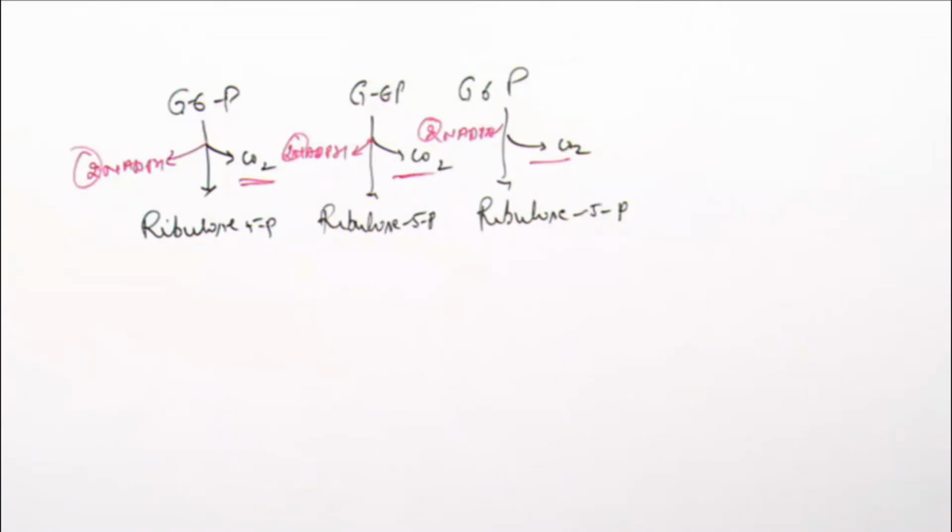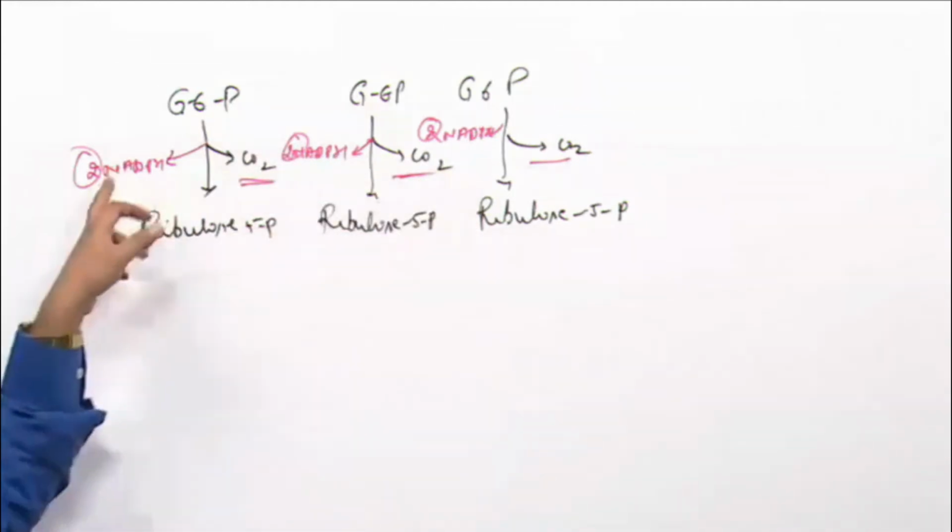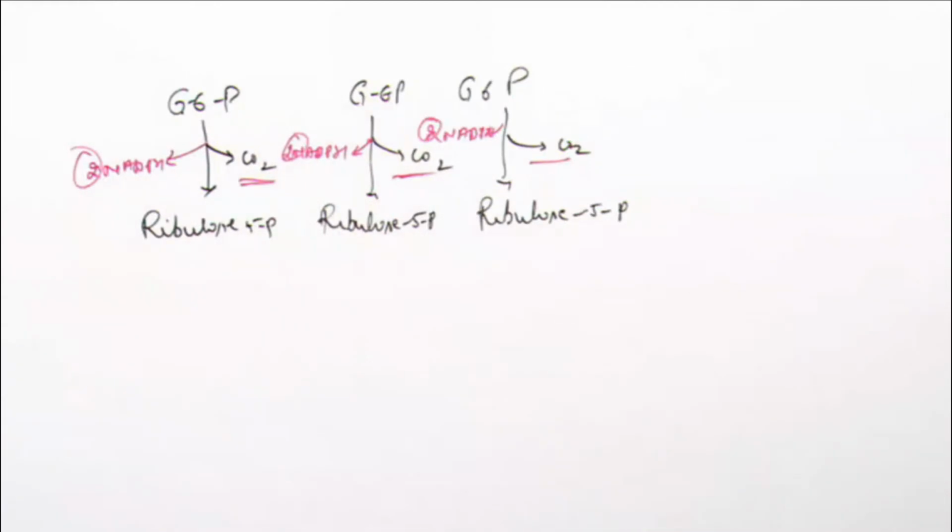Yes, there are so many questions to solve these questions. We simplify the HMP shunt. If we start HMP shunt with 3 molecules of glucose 6-phosphate, 3 molecules of ribulose 5-phosphate will be produced, and 3 CO2 produced, 6 NADPH produced.